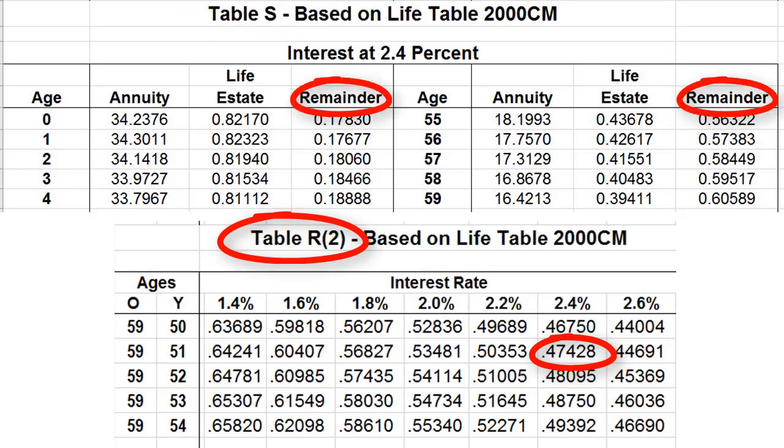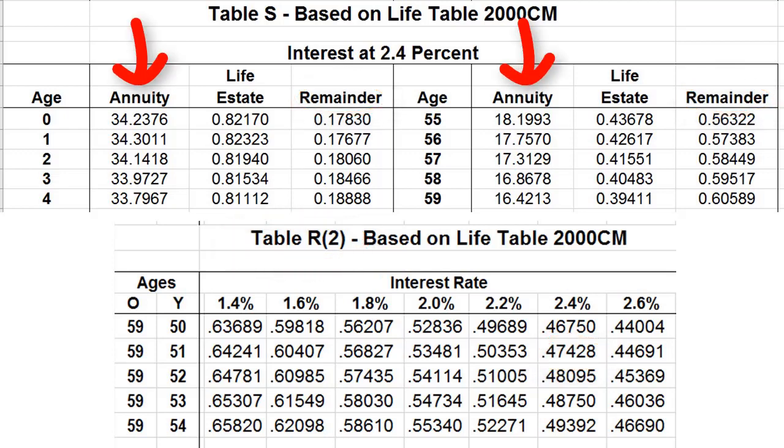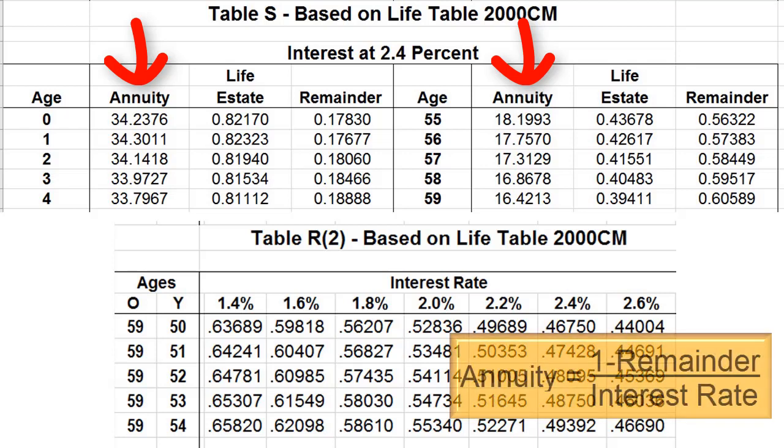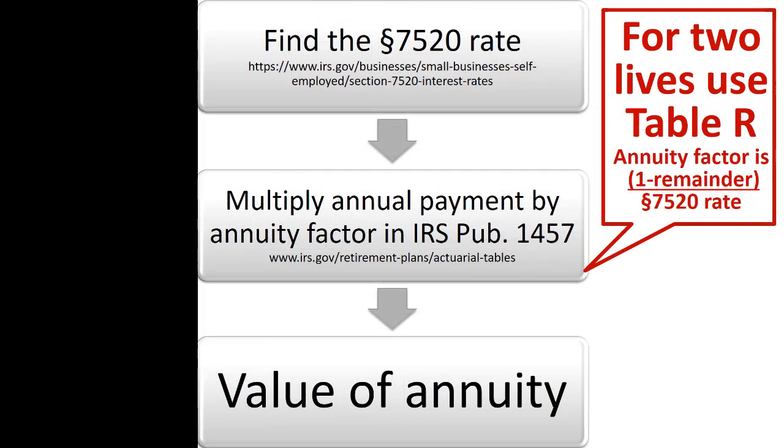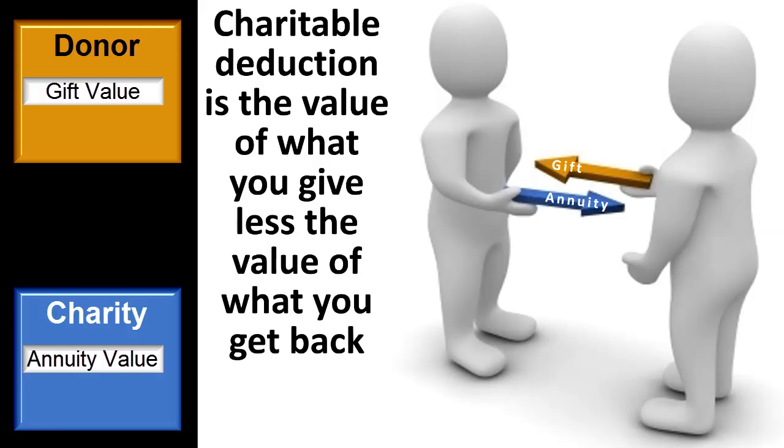But we don't want the remainder interest factor. Instead, we want the annuity factor. Table R requires knowing that the annuity factor is calculated by subtracting the remainder interest factor from 1 and then dividing this amount by the current Section 7520 rate. Thus, calculating the annuity factor for a 2-life annuity will have this 1 extra step.